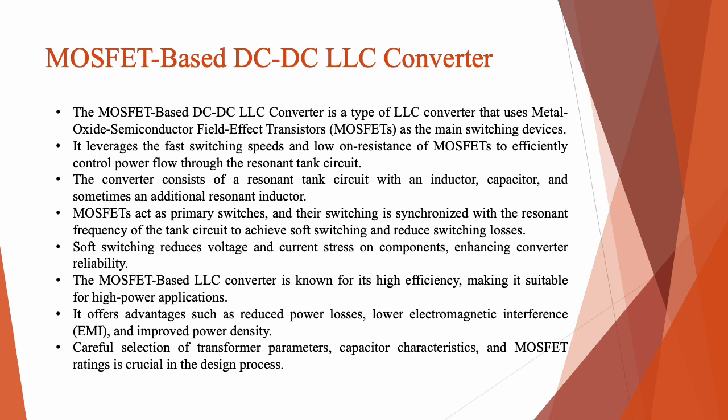They act as primary switches, and their switching is synchronized with the resonant frequency of the tank circuit to achieve soft switching and reduce switching losses. It is known for its high efficiency, making it suitable for high power applications, and careful selection of transformer parameters, capacitor characteristics, and MOSFET ratings is crucial while designing.